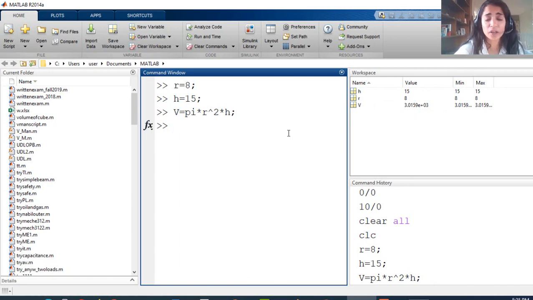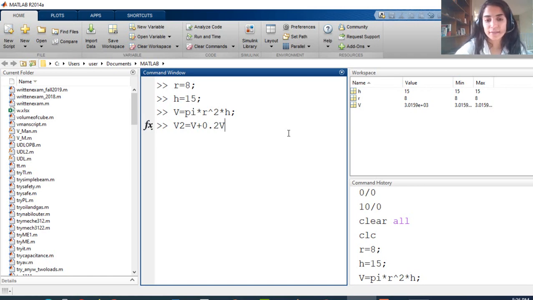Now I need to find a new radius of a new cylinder that has a volume V equal to the old V plus 20% of it, which means 1.2 times V. So I can of course define another volume, V2. Let's do the simplest way. I will define V2 as V plus 0.2 times V. Guys, you cannot write 0.2 V without the star.